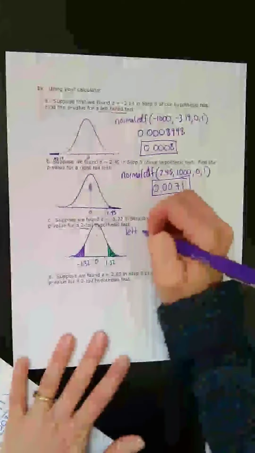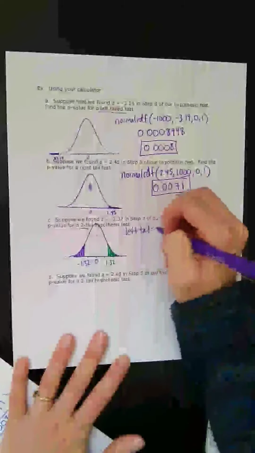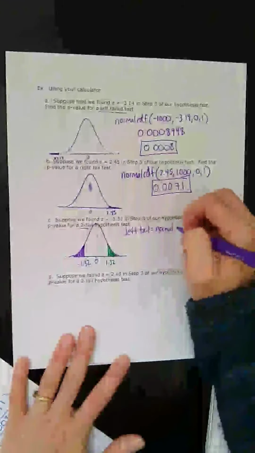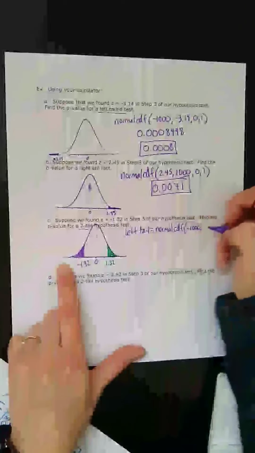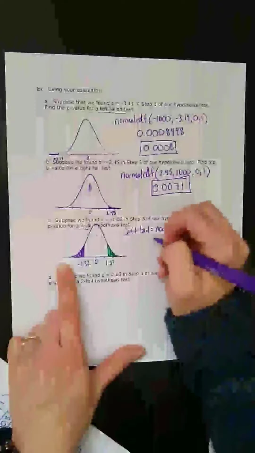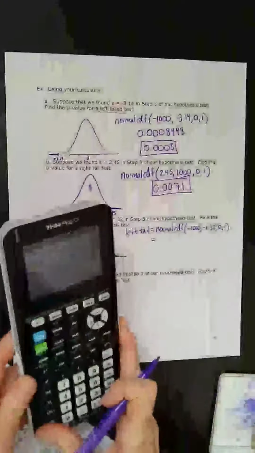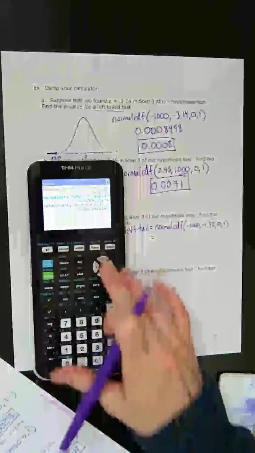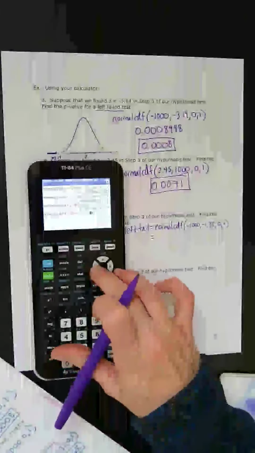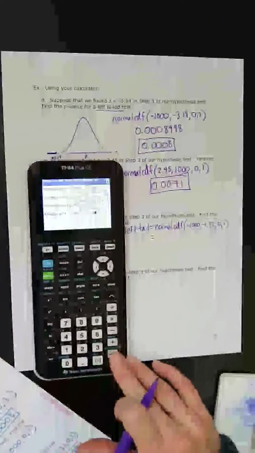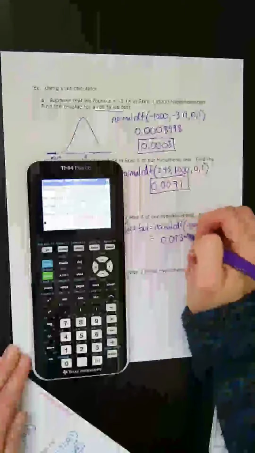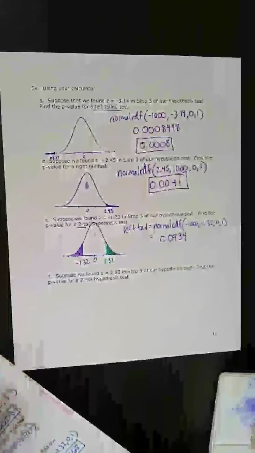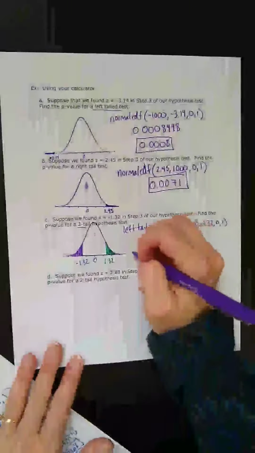I can say that the area in my left tail is normal CDF from negative 1,000 to negative 1.32, comma 0, comma 1, which is 0.0934, but it's 2-tailed, so I need to double that.